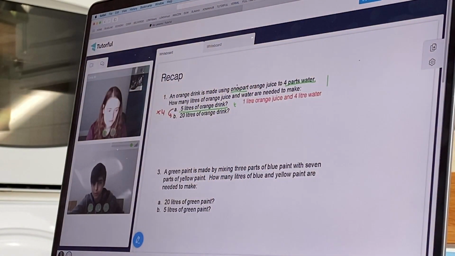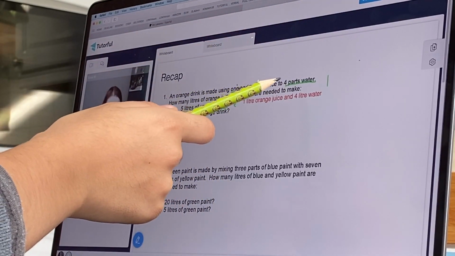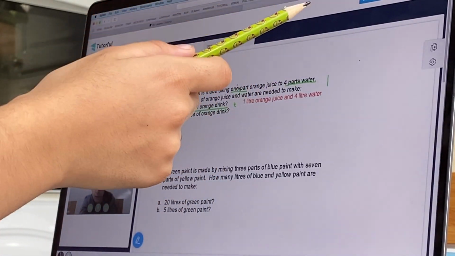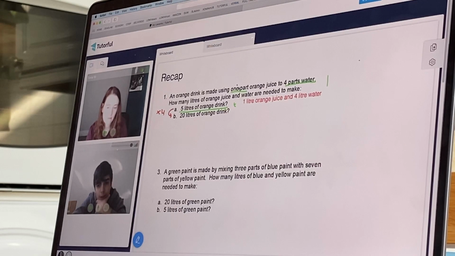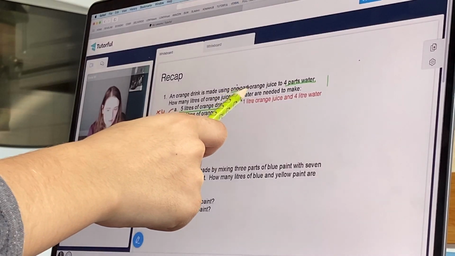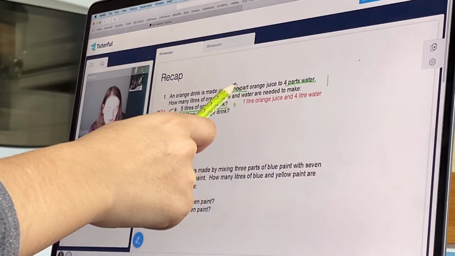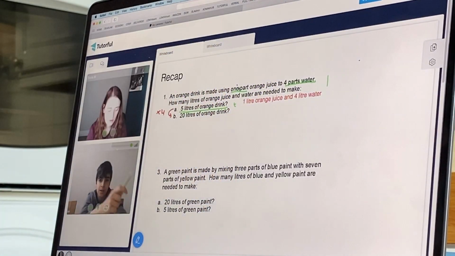We had 1 litre, and now we want to make 4 litres of the orange. Yeah, brilliant. 4 litres of the orange and 8 litres of water.